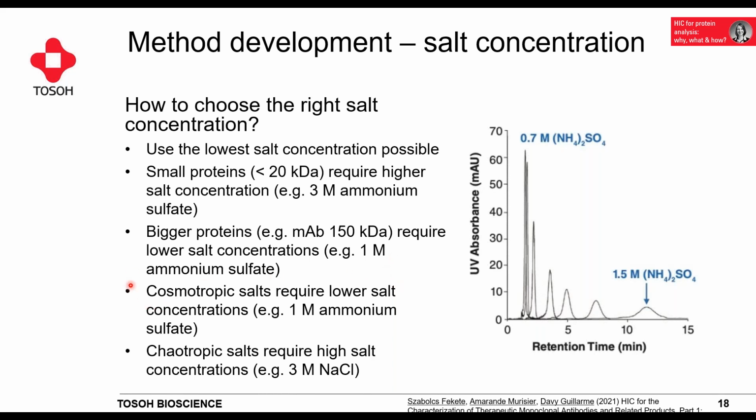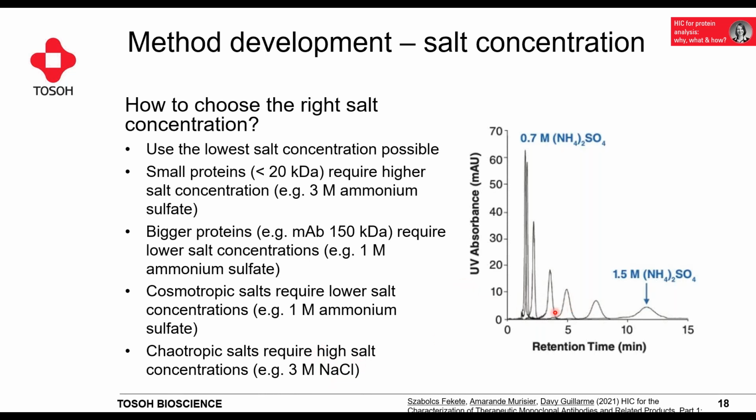Also, and this is also becoming clear if we look into the Hofmeister series with the kosmotropic and chaotropic salts, kosmotropic salts require lower salt concentrations as compared to chaotropic salts that require higher concentrations, for instance, sodium chloride. This was also something we have seen on the slide before.